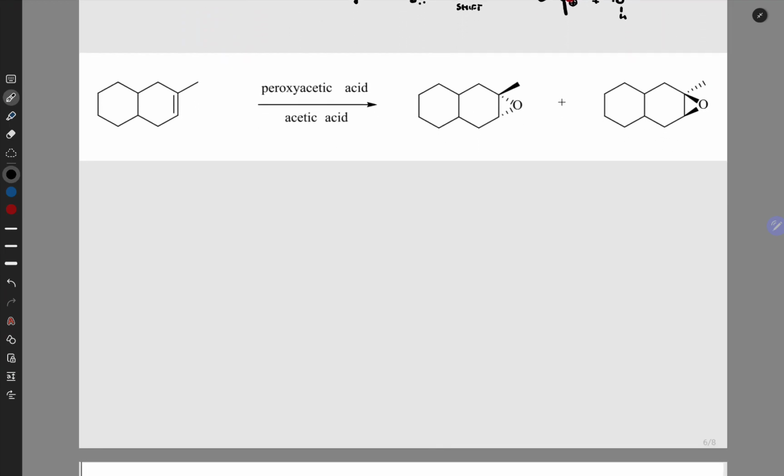All right, looking at this one, pretty simple, but I was talking about earlier with peroxyacetic acid. I myself had to remind myself, I don't even remember what peroxyacetic acid looks like. You can actually dissect it by looking at the word, and if you know the etymology behind peroxy and acetic acid, you can kind of dissect it.